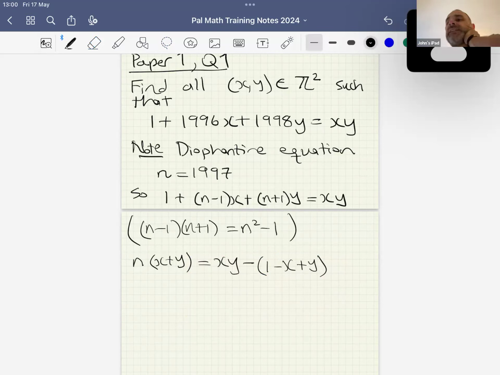And now, can anyone see the factorization of this? So let's just rewrite that. You've got minus 1 plus x minus y. I think that's correct. So I'd like to factorize that term.